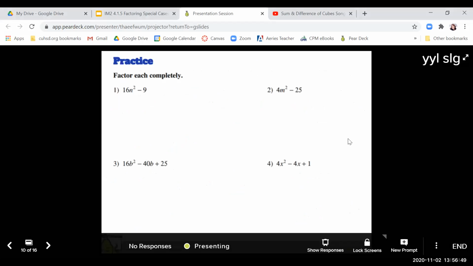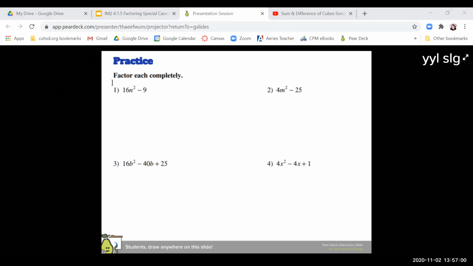Okay, so here on this slide is a chance for you to practice the two patterns. So number 1 and number 2, I want you to just go ahead and dive in and try to practice these two patterns. Number 1 and number 2 are difference of squares, and they do fit the pattern, okay?